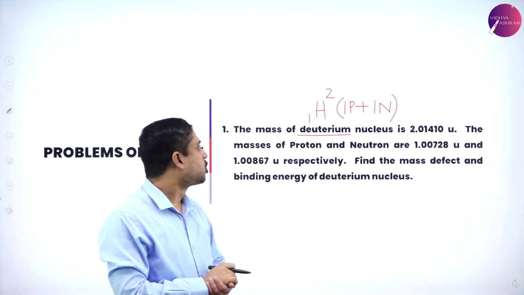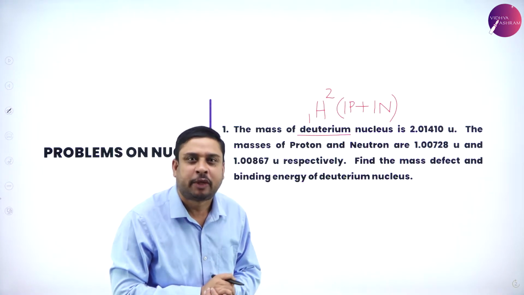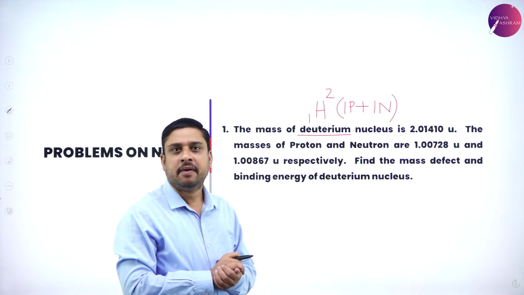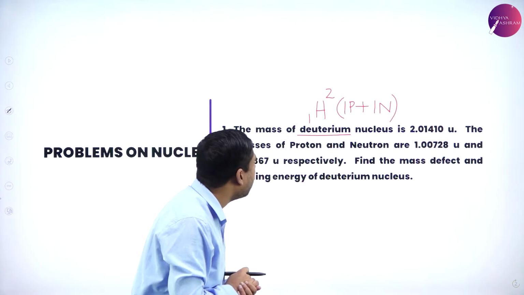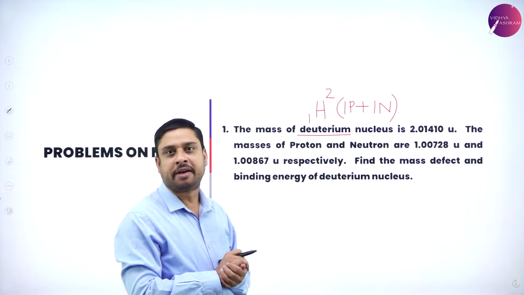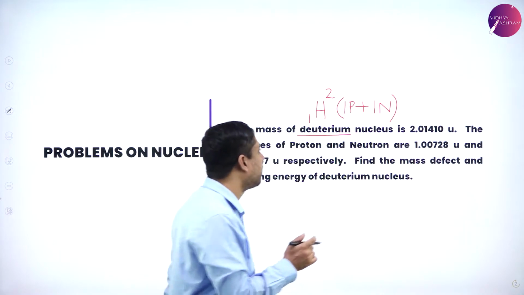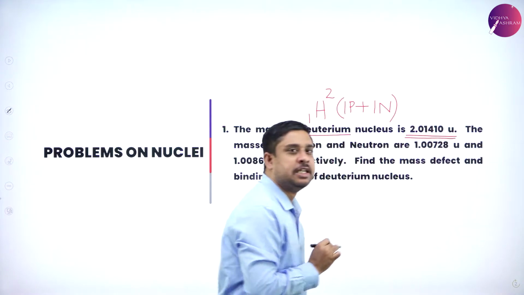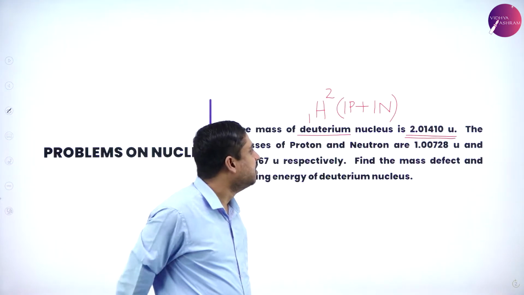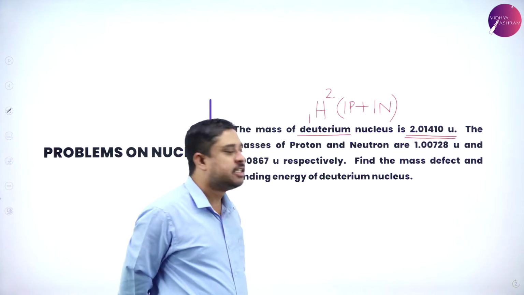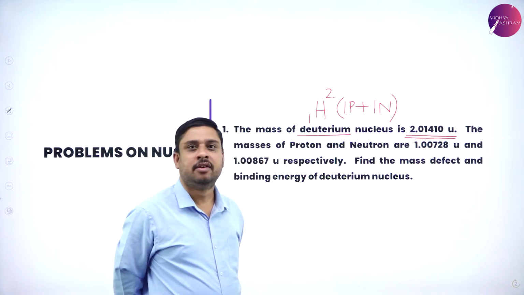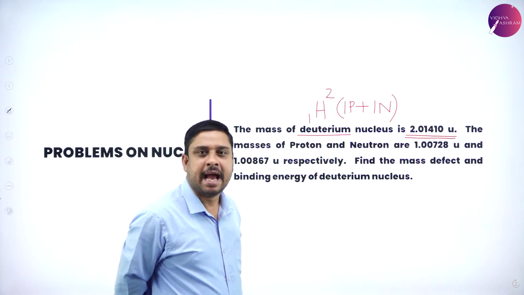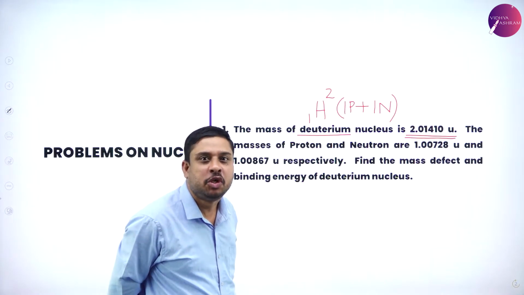So, remember students, deuterium H12 has 1 proton and 1 neutron. And therefore, the mass of the deuterium nucleus is 2.01410 atomic mass units.